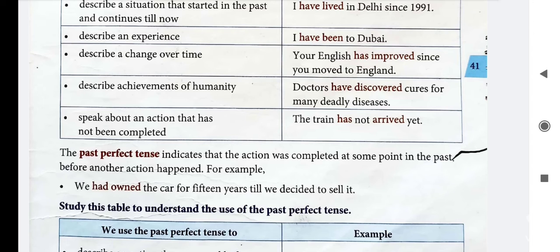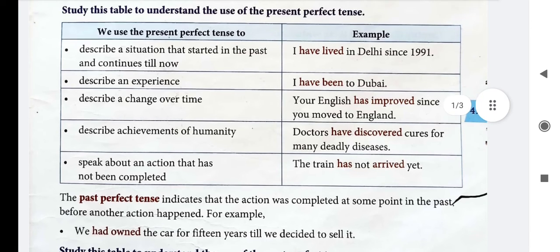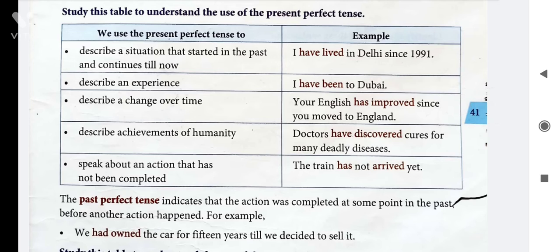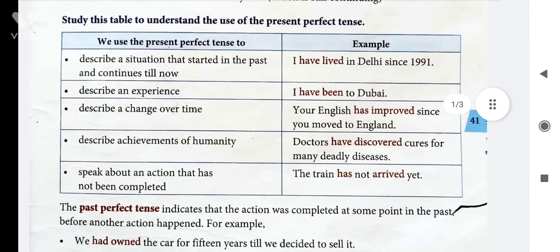In each and every sentence of perfect tense, the verb is going to be in the form of past participle. So live, what will it become? Lived. Improve, improved. Discover, discovered. Arrive, arrived. So the second point is to describe an experience, right? I have been to Dubai.